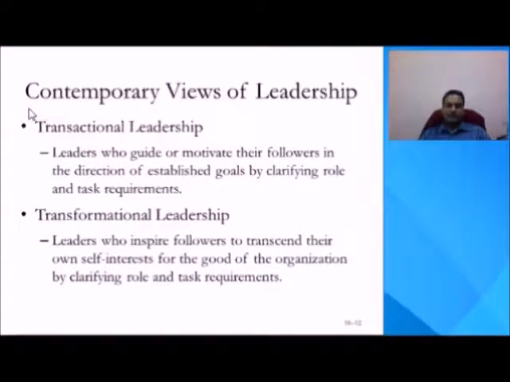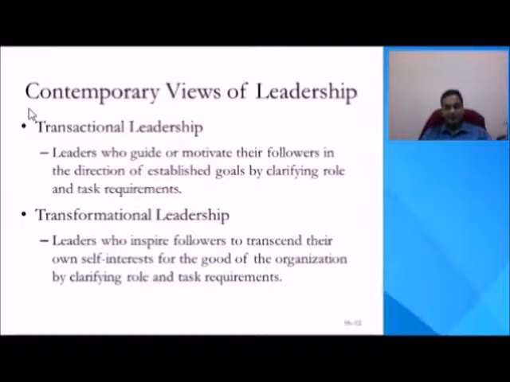On the other hand, another concept of leadership is transformational leadership, where the leaders inspire the followers to transcend their own self-interest for the good of the organization. So it is a leap beyond just the transaction, where there is a lot of inspiration. The followers are inspired to go beyond, to put in more than what they are expected to.